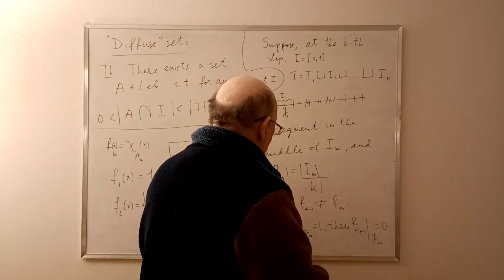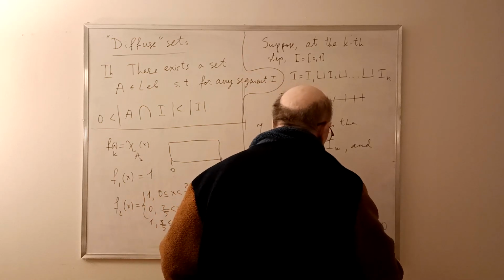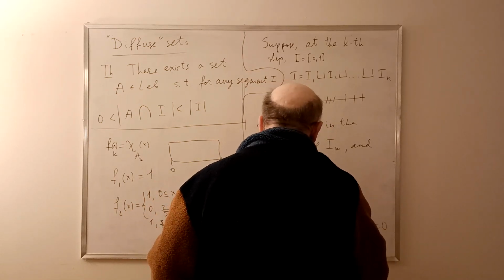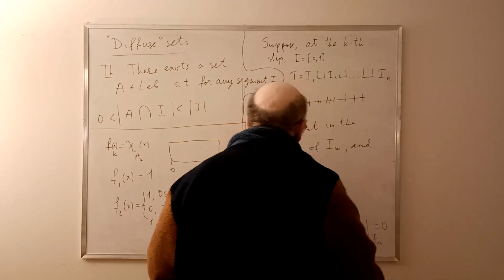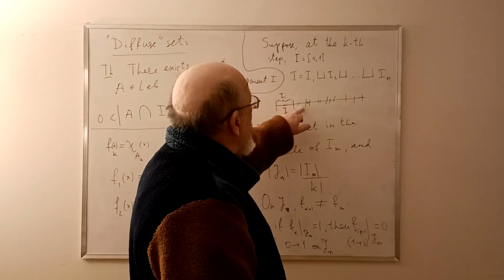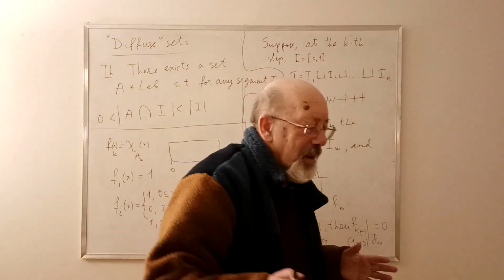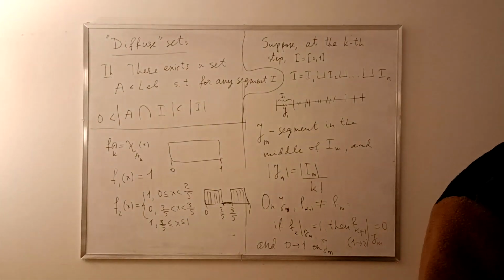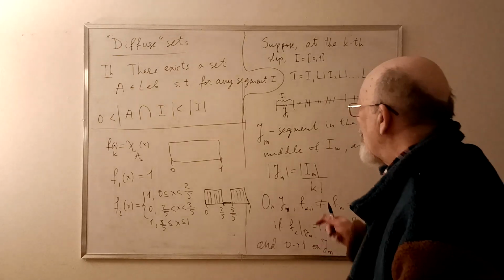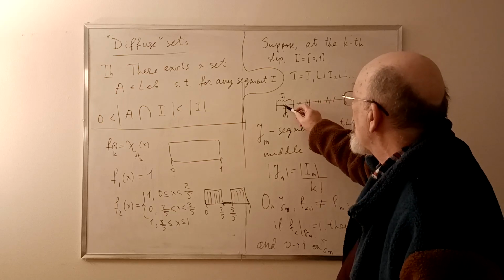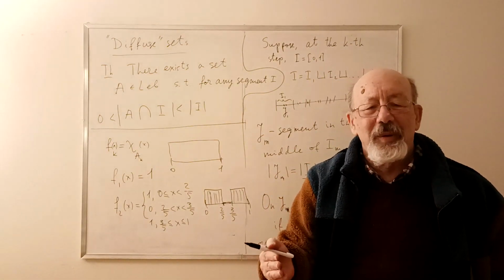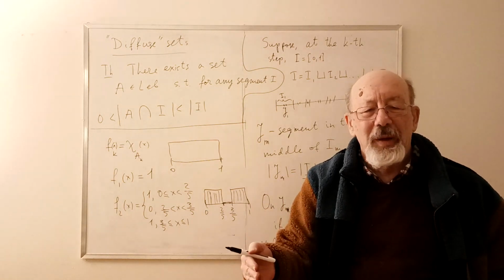So 1 goes to 0 and 0 goes to 1 on Jm. On each of the segments I1, I2, and so on, the function fk can be either 1 or 0, and on this small segment Jm we change it to the opposite, from 1 to 0, from 0 to 1.